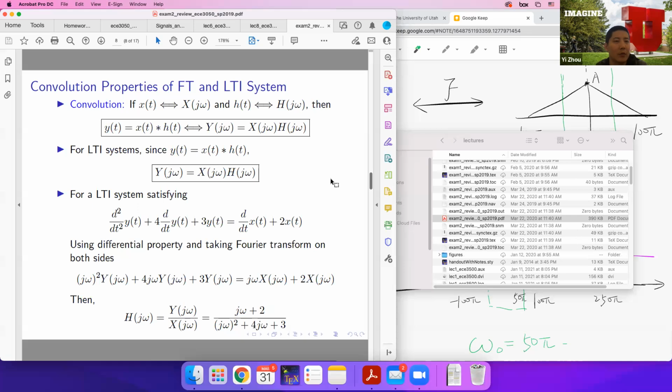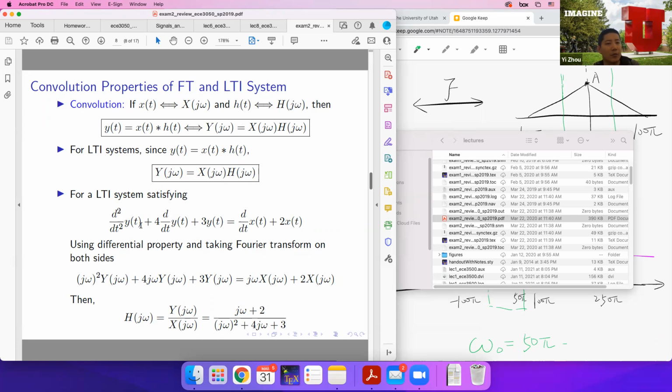Convolution is another property. We use this one to analyze LTI systems in the frequency domain. So this is the system equation in the frequency domain, and we can apply Fourier transform to analyze LTI systems characterized by differential equations.